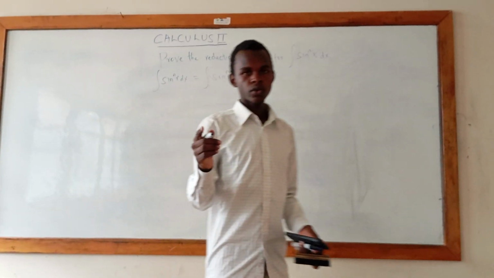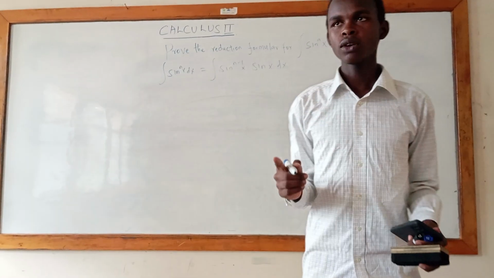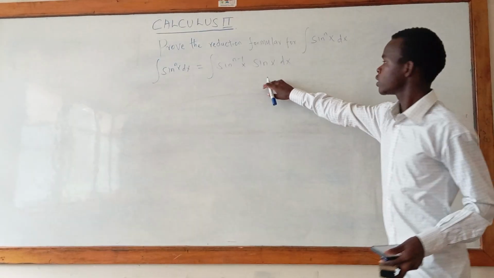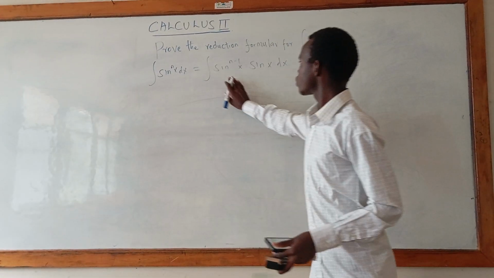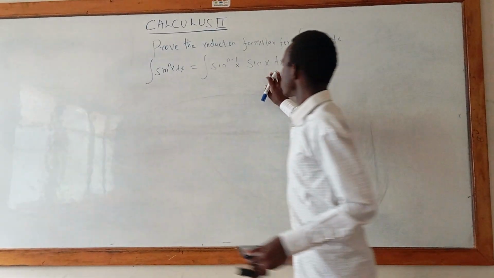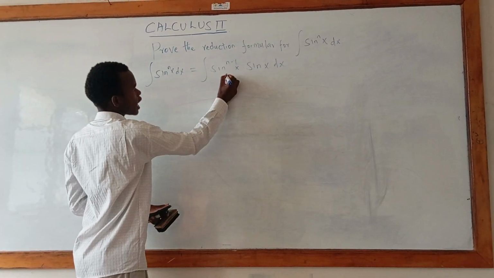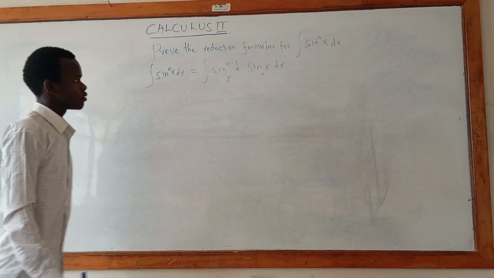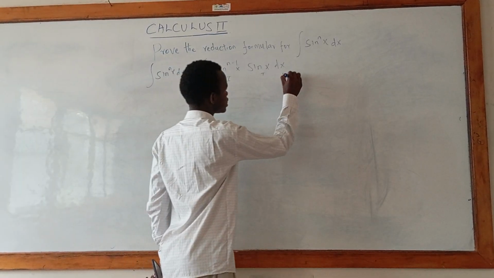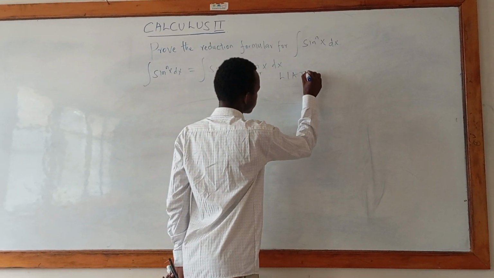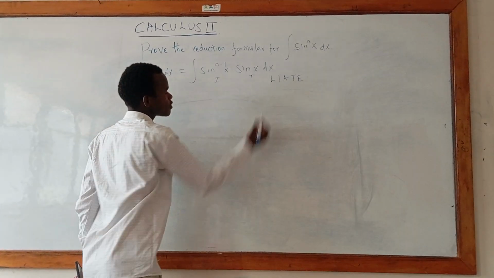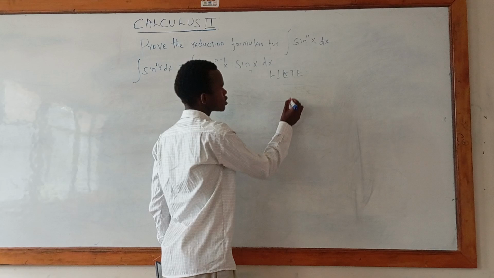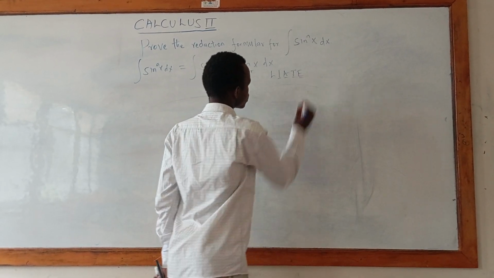In my previous video, we have seen how to choose your u. Also, we'll use the integration by parts formula. We know how to choose our u and our v. From our formula, we said these are logarithmic functions, these are inverse trigonometric functions, these are algebraic functions, these are trigonometric functions, these are exponential functions.